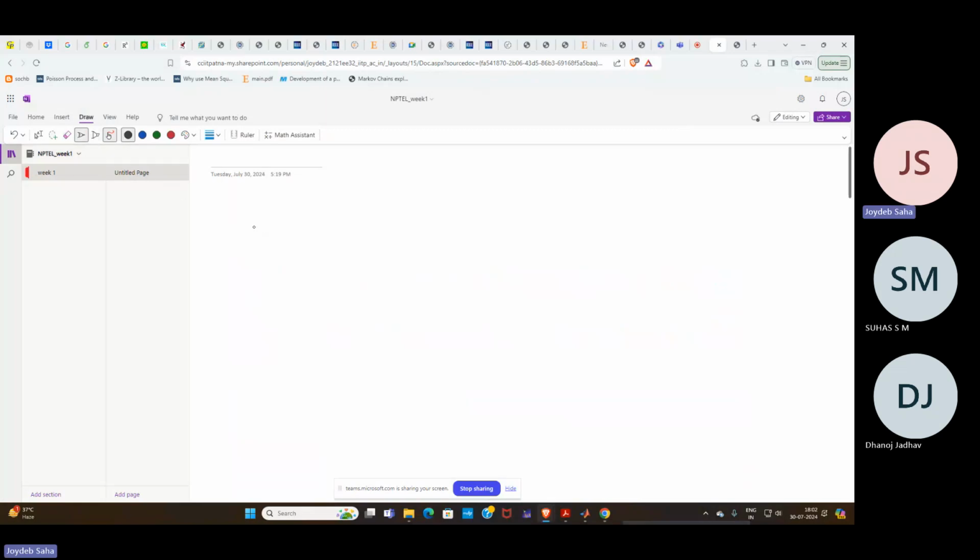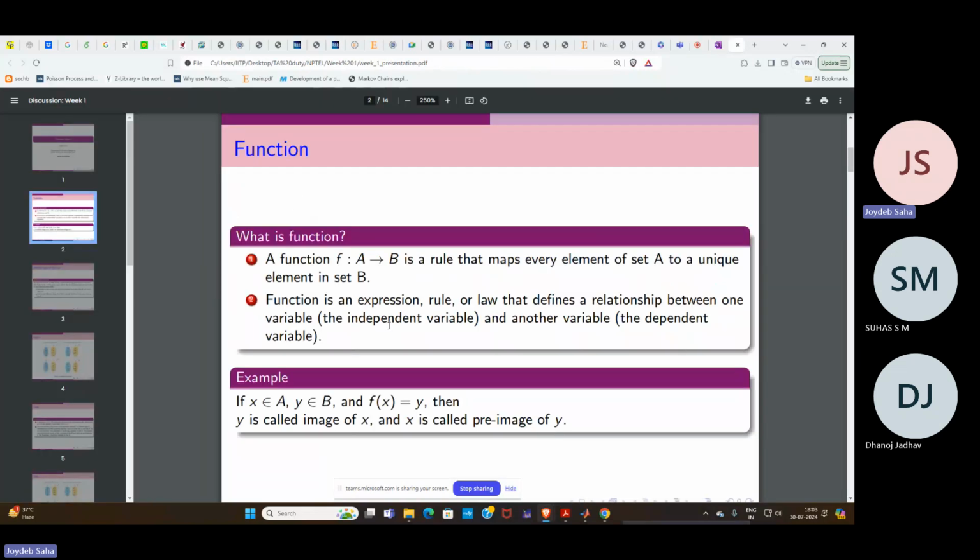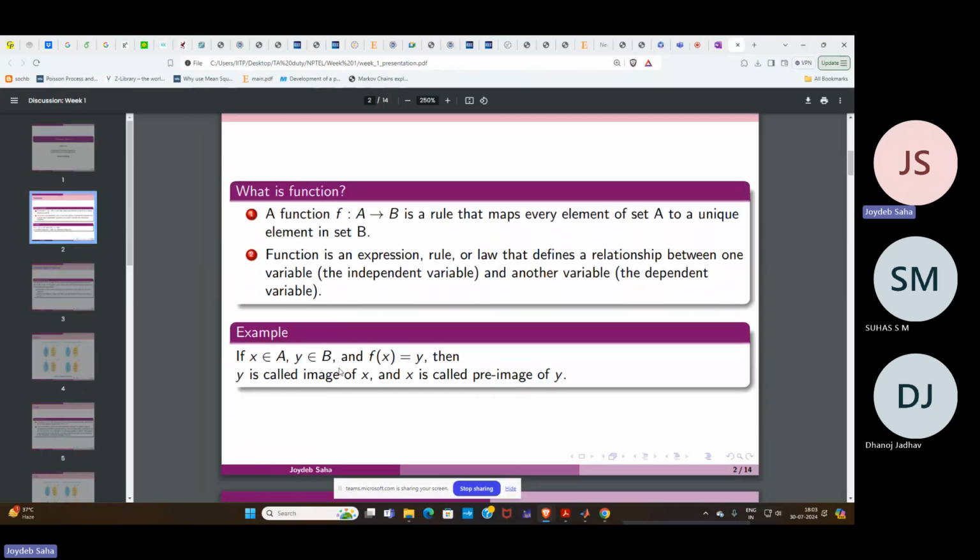Okay, so I'm writing in OneNote, and this presentation and OneNote file will be shared with you. So first thing is function. From here we can see an example of a function.